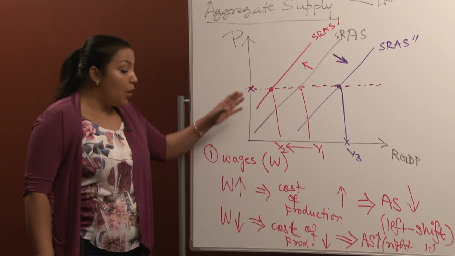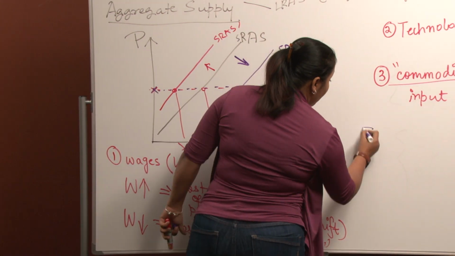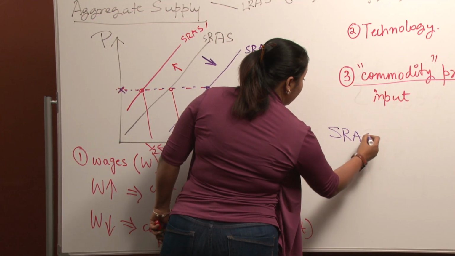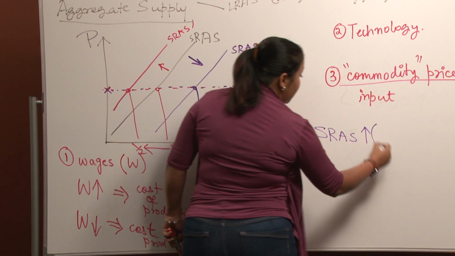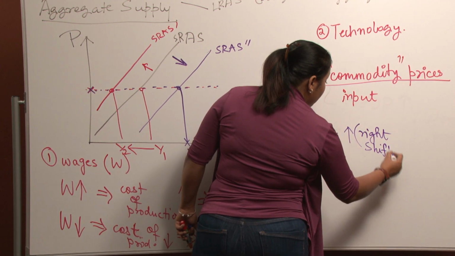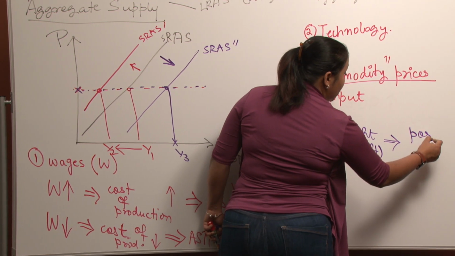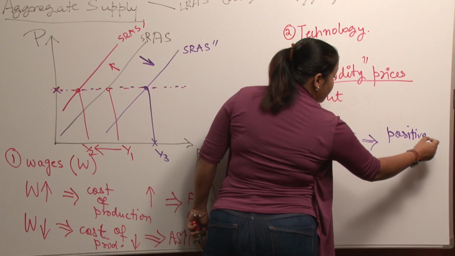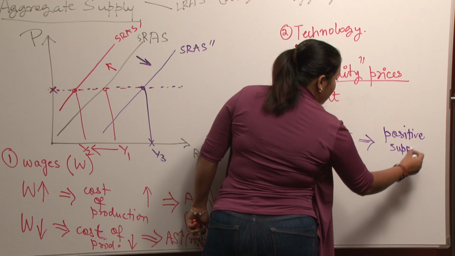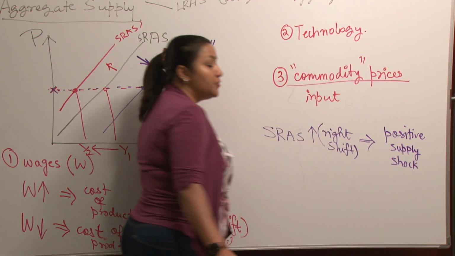Now, whenever you have an increase in short run aggregate supply, that means you have a right shift, that is called a positive supply shock. If you remember, on the demand side we had talked about positive demand shock.